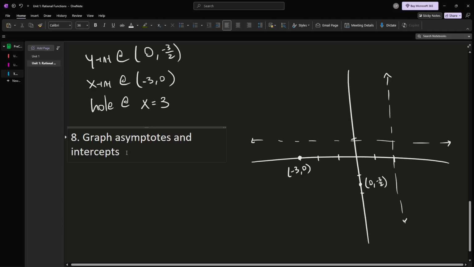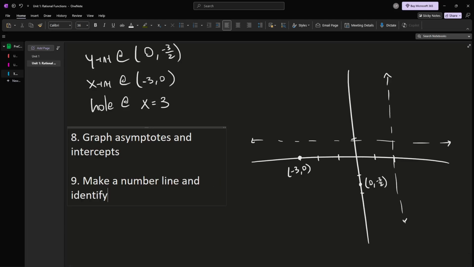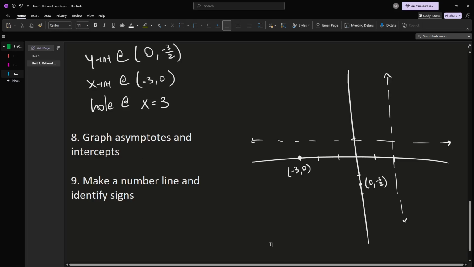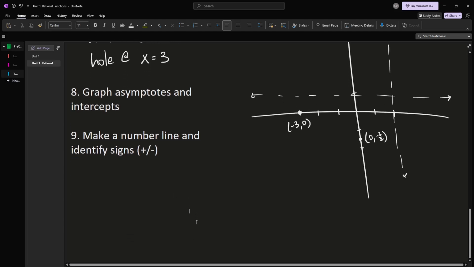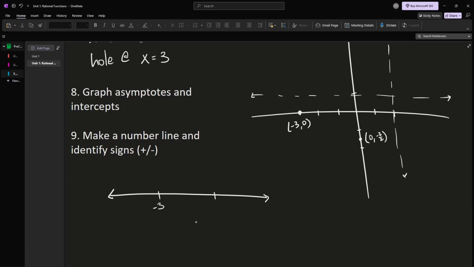And now at this point, what we need is to make a number line and identify signs, like positive or negative. So you make your number line, and on your number line, you include your x-intercepts and your vertical asymptotes.